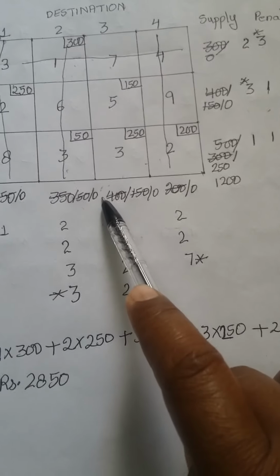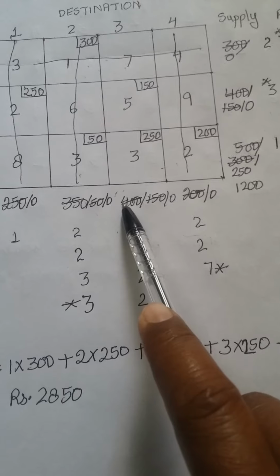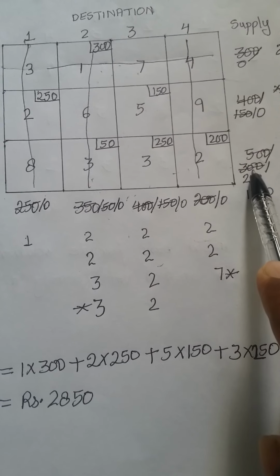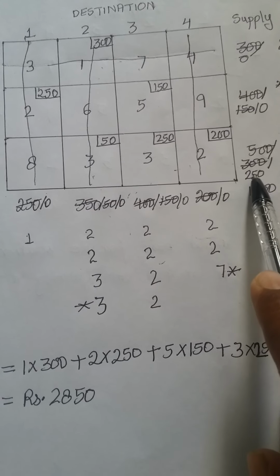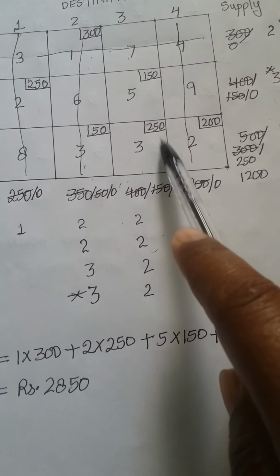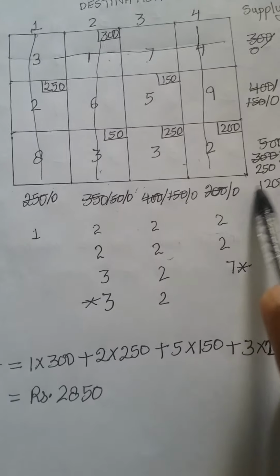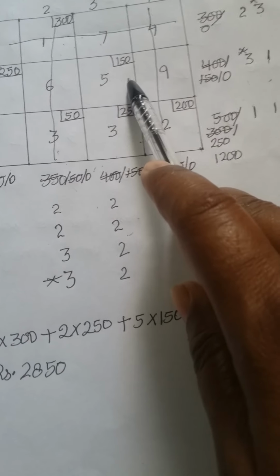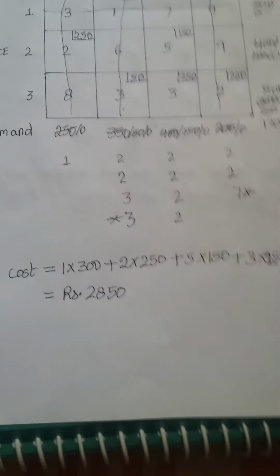Here you have not fulfilled any demand, so 400 is the maximum, and here we have 250. So you can make a total allocation of 250 units over here, and the remaining 150 we may allocate here. In this way our matrix is completed. Now you have to find the total cost.